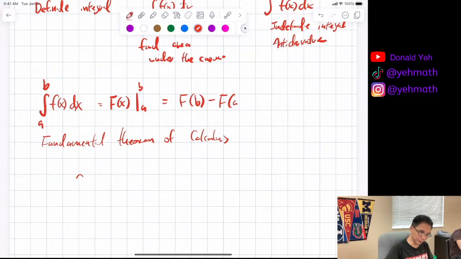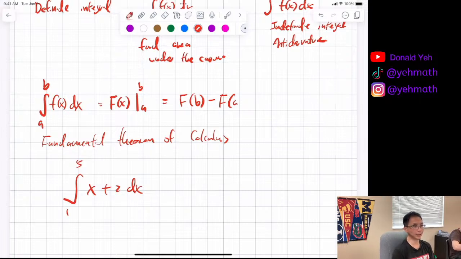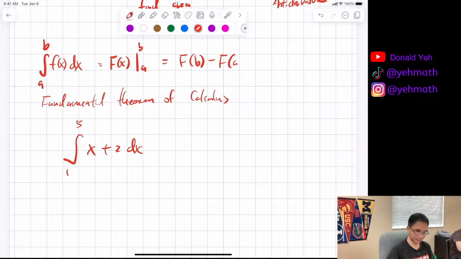So for example, remember this question? Before we had a trapezoid, now we can actually do the integral. What is the integral of x? Good. What's the integral of 2? 2x.